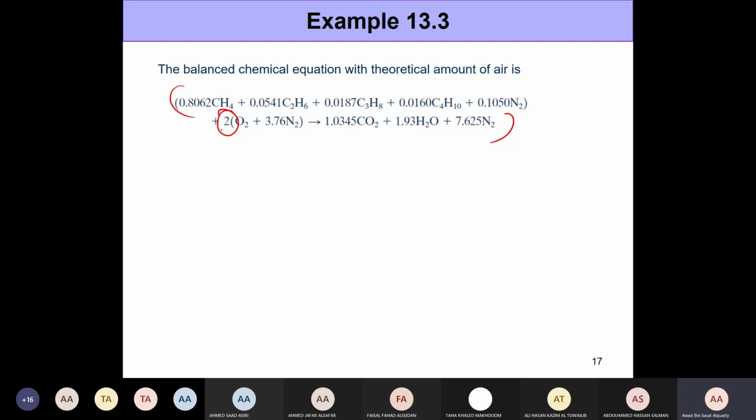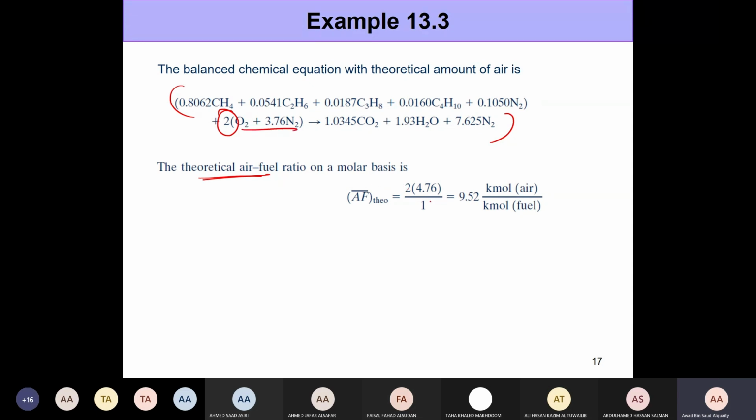By looking at this balanced chemical equation, we can write the theoretical air-fuel ratio, meaning the minimum amount of air needed for complete combustion, as simply 2 times 4.76 by 1, so 9.52. This is the minimum amount of air needed for complete combustion.